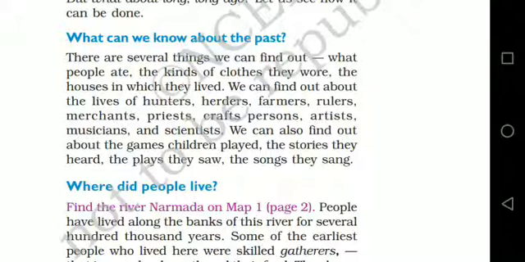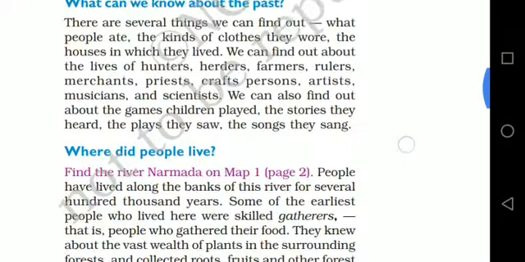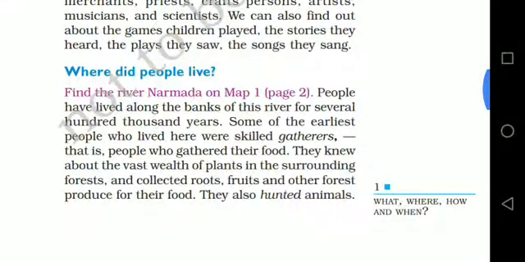Basically we can try to find out their residence as well as their food, their lifestyles, and what type of work some people were doing, like hunters, herders, farmers, rulers, etc. And what type of games were played by the children, as well as what type of songs were sung at that time. I mean to say that these things we have to study in this. Okay. So now let's come to the next point.